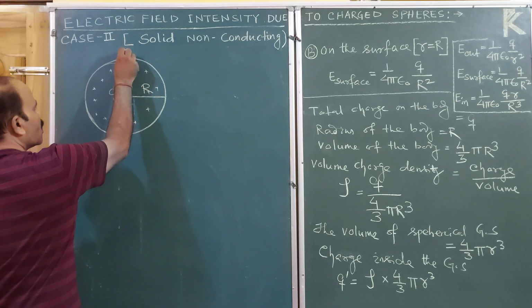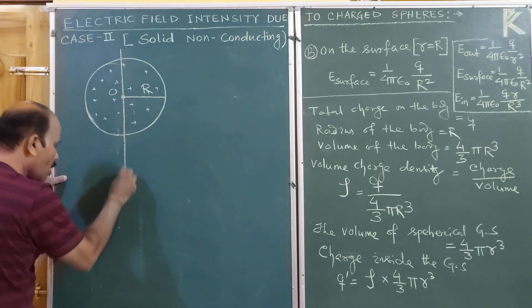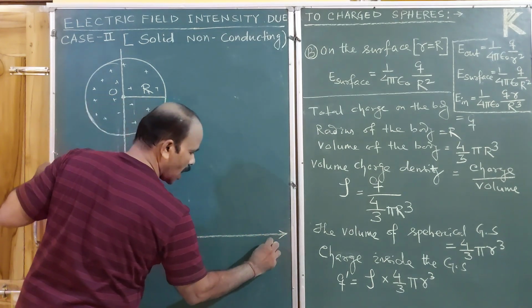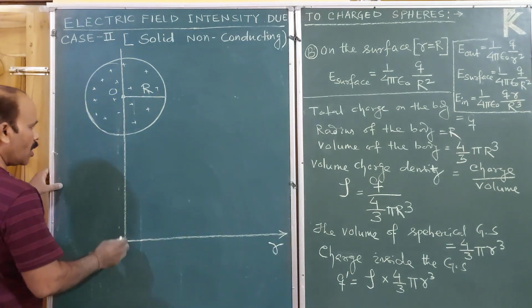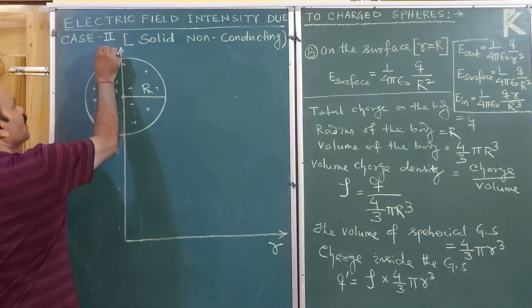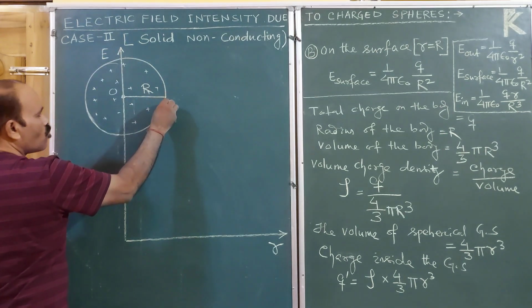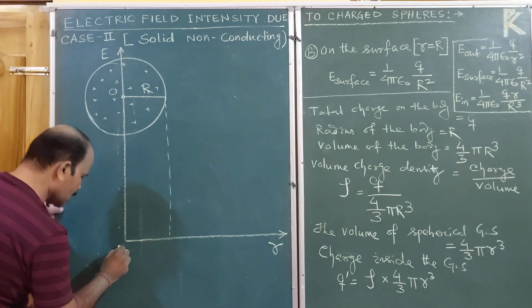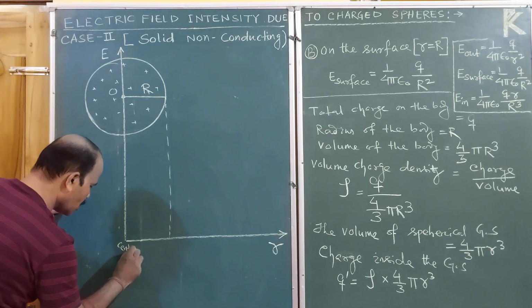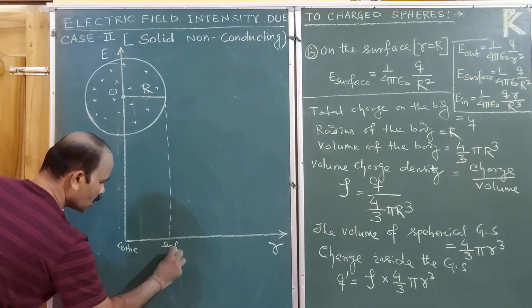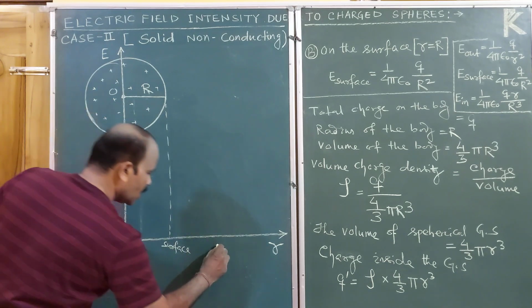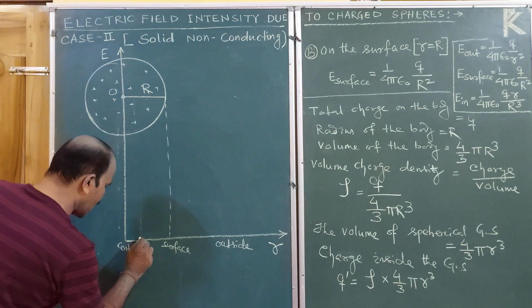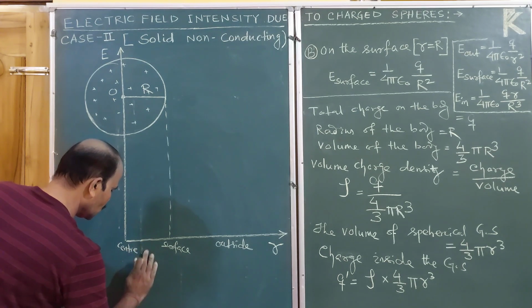Okay, now we are going to plot the graph between R, distance from the center, and electric field intensity, and now drop a perpendicular from the surface. So this is the center, this is surface, this is outside, and this is inside.